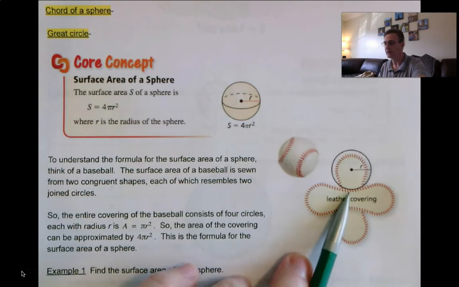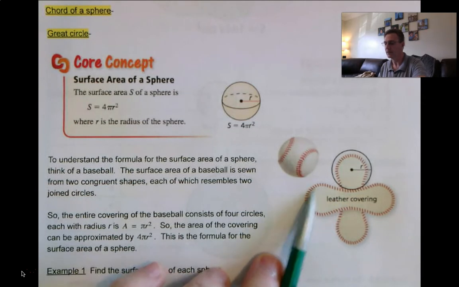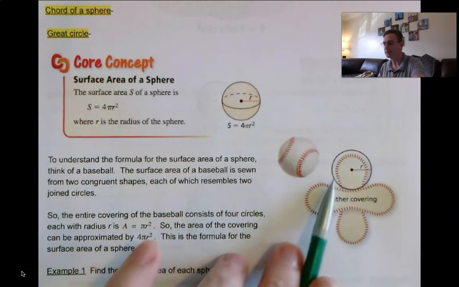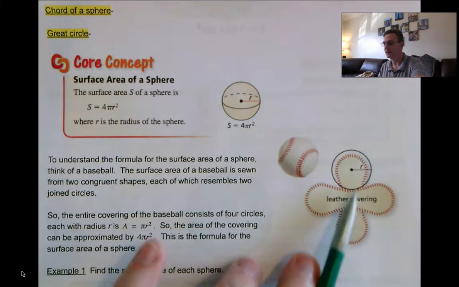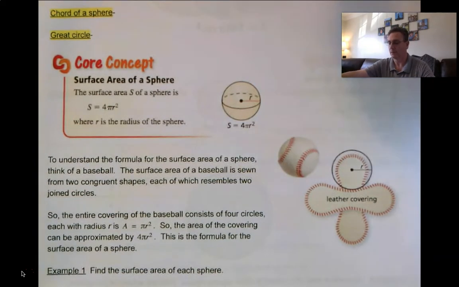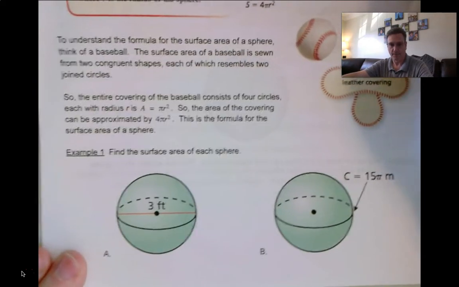The closer that this side gets to this side, the more like a circle these become. And you can see there's a circle overlapped here, that there are 4 of them that cover the surface of the sphere.